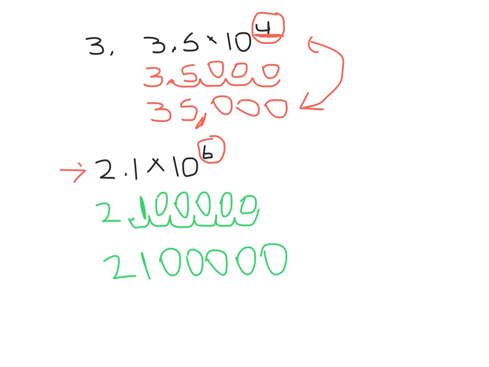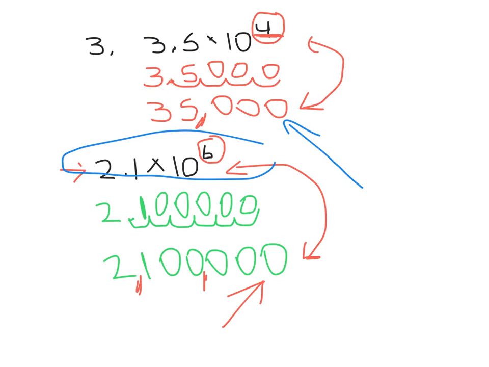And we'd add in our commas just to make it a little bit easier to look at. And then 2.1 times 10 to the 6th power is the same as 2,100,000. So you can see that this number, 2,100,000, is much bigger than 35,000. So that would mean that 2.1 times 10 to the 6th power is larger than 3.5 times 10 to the 4th power.